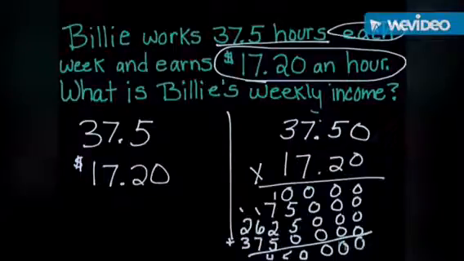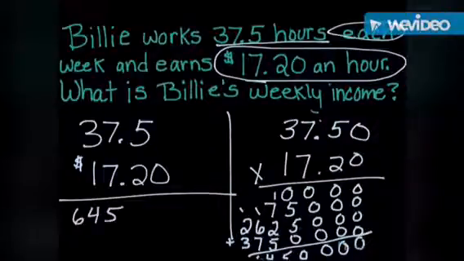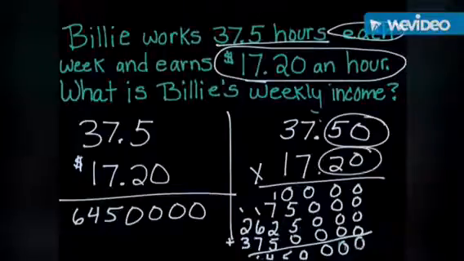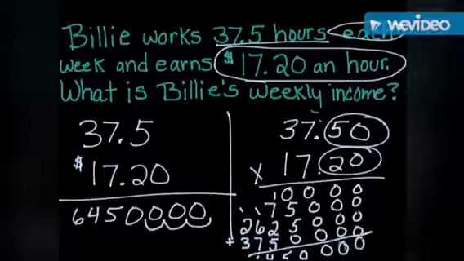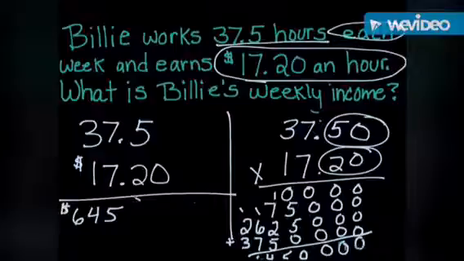Carry the 1, and I have 6. It's hard to see, but I have 6, 4, 5, 0, 0, 0, 0. In my problem, I have 4 placeholders. So 1, 2, 3, 4. These are all zeros, so I can just drop them actually. And my answer is $645.